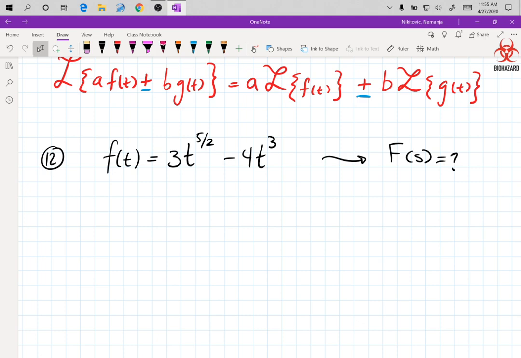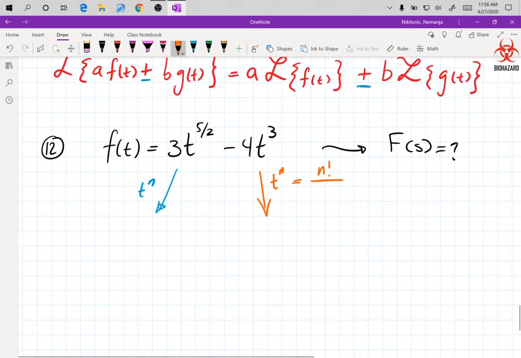And so this one will be transformed using t to the n, and this one will also be converted using t to the n. How boring. And the transform of t to the n is n factorial divided by s to the n plus 1.